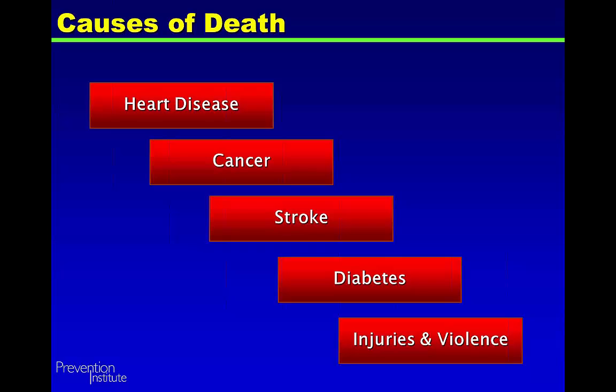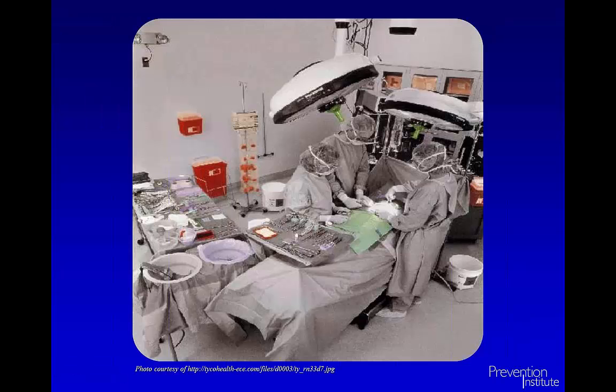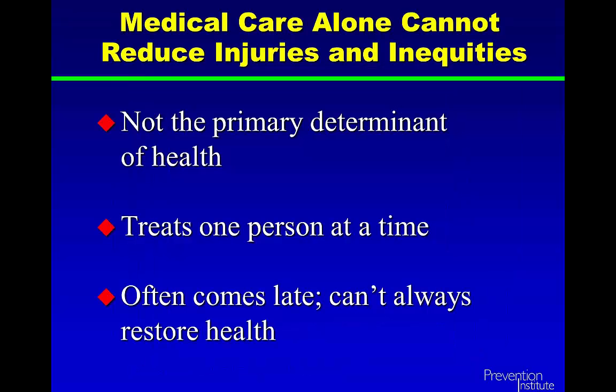But of course, intuitively, we understand that medical care alone, while critically important, is not enough to reduce injuries and inequities. It only treats one person at a time. It comes late. Looking at that picture, you have to wonder, even with the best medical care, whether we'll be able to completely restore the well-being of the person who was there.